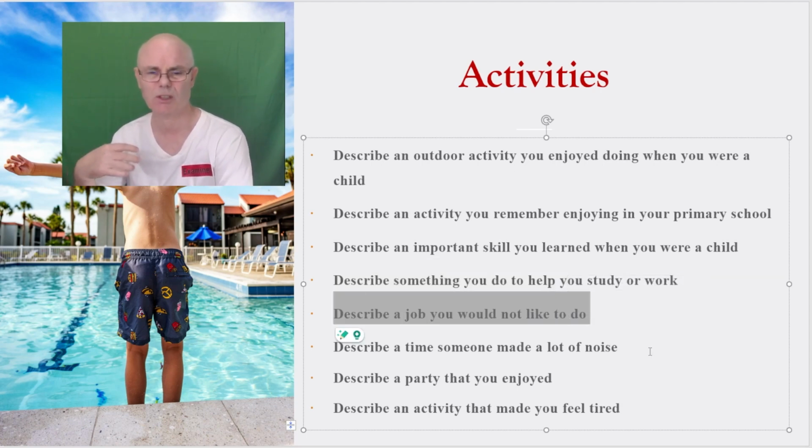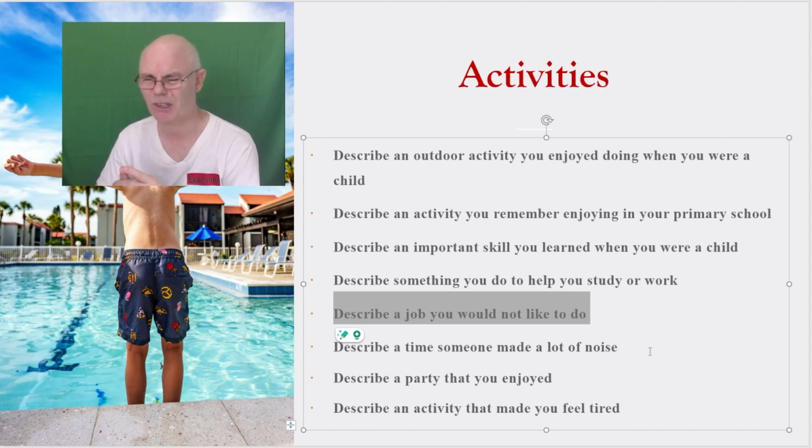A job you would not like to do. Oh, swimming instructor. I'd really hate to do that. I think it would be incredibly difficult trying to teach children how to swim, especially when they're scared. I think I'd just want to grab them and say, pull yourself together, or something. So I might not have the patience for it.